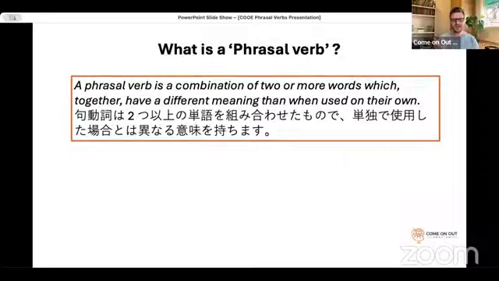And that's why phrasal verbs can sometimes be difficult, because the meaning changes when we put these 2 or 3 words together and use them together.